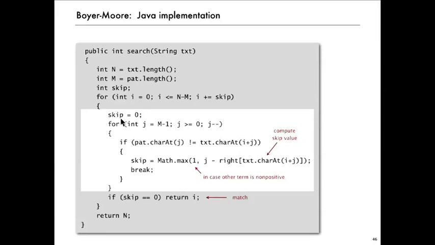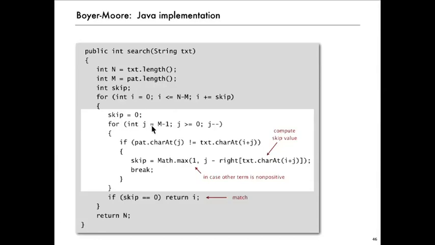And then given that pre-computation, this is an implementation of Boyer-Moore using a for loop, incrementing the text character. We are going to have the text pointer i. In the course of the algorithm, we're going to compute a value skip, which is the amount that we're going to move the text character.